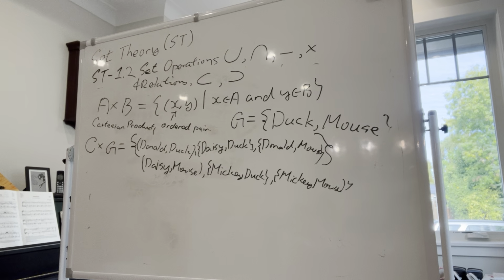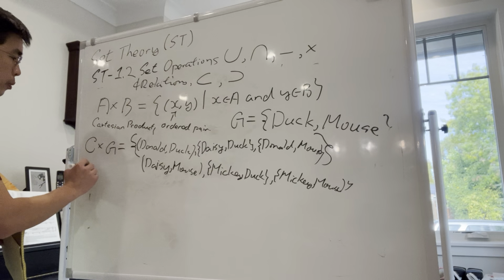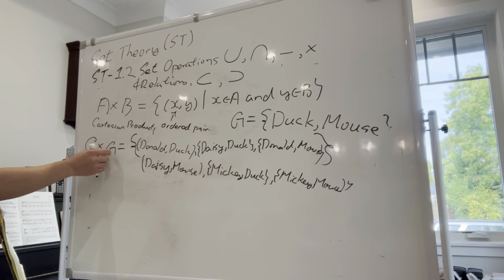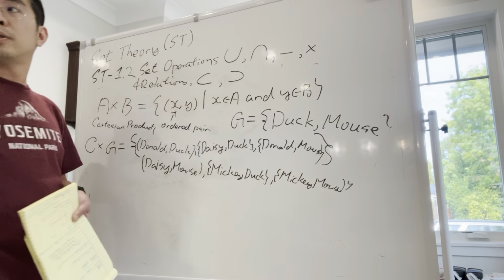What if the same thing is in both sets? So maybe Mickey is in both sets C and G. So you're saying what if, but the way that I define this C and G is the second element you can only choose from duck and mouse. Yeah.